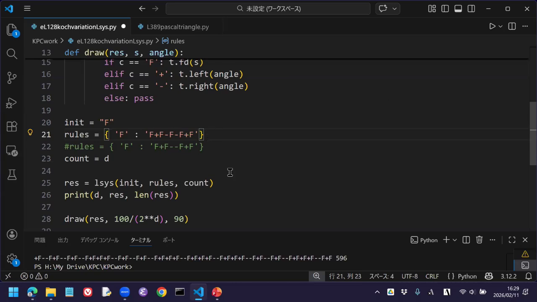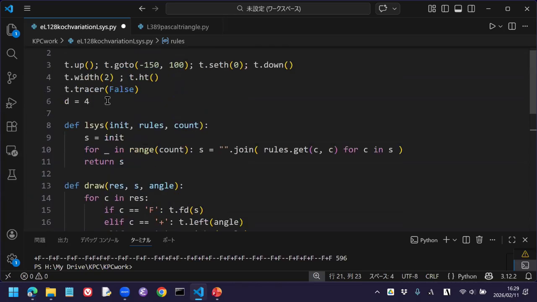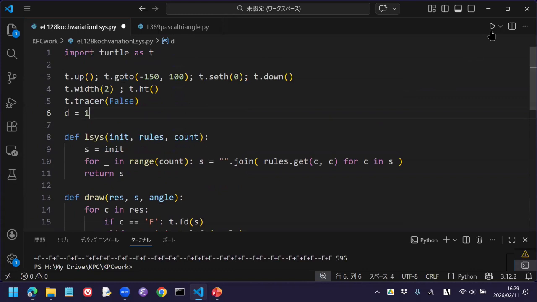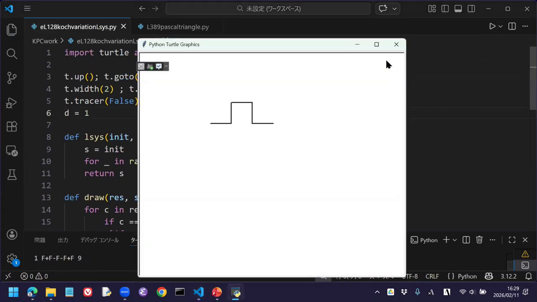Let's try to see how it looks for d equals 1. Okay, this is what we want.